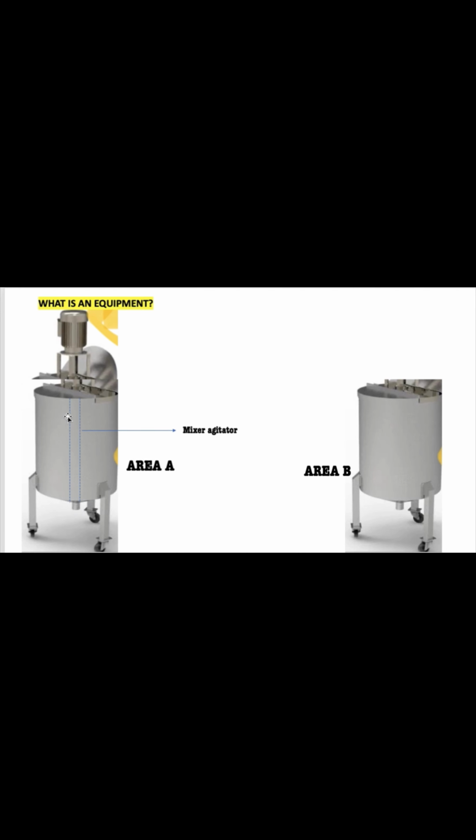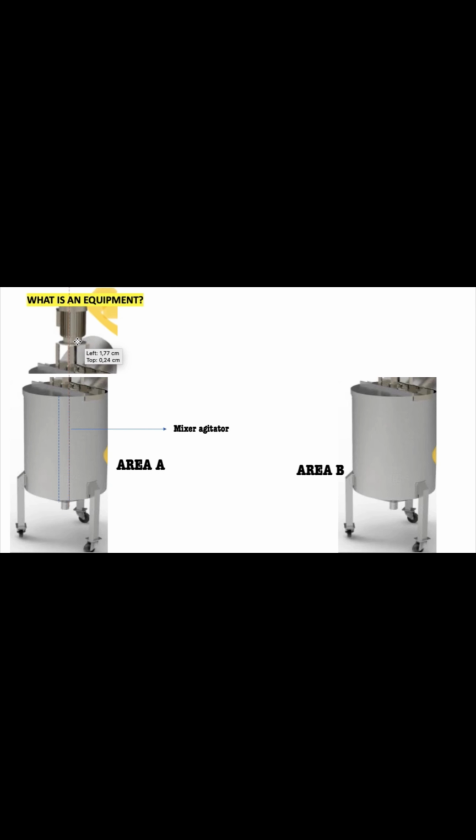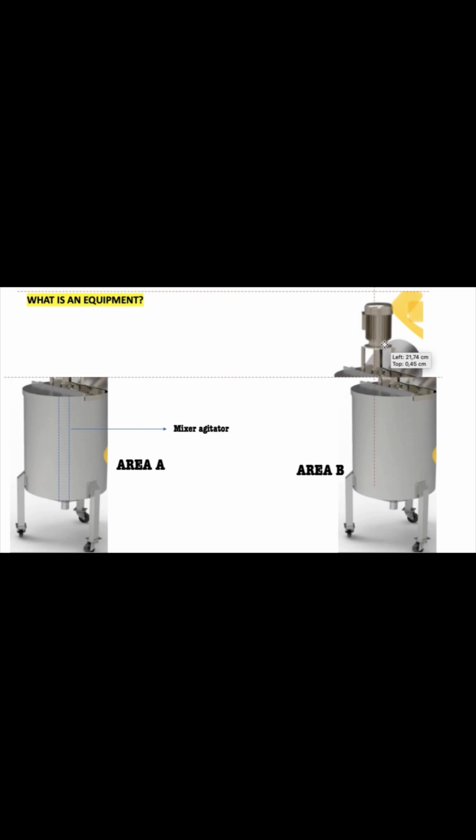Okay, and then we have the motor. Now this motor controls this particular stirrer. When you hear the word equipment, it simply means that I can take this particular motor from here and move it or relocate it to another area, or I can take out this motor and replace it with another motor.